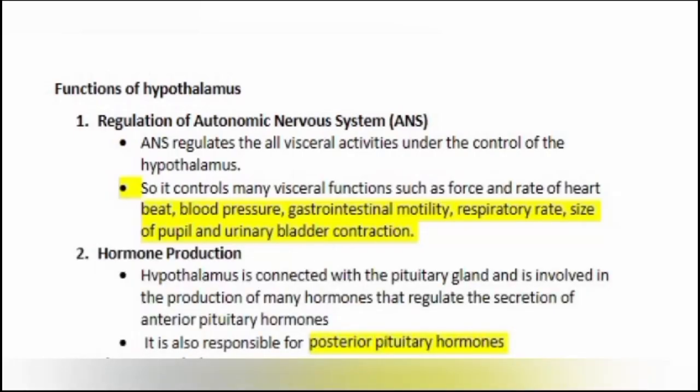Next is the function of the hypothalamus. You may have learned in your school days that the pituitary gland is the master of glands. That pituitary gland is connected to the hypothalamus, so from this you can know that it helps in hormone production. The hypothalamus helps in hormonal production and regulation of the ANS, the autonomic nervous system, and visceral functions.